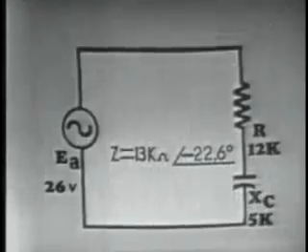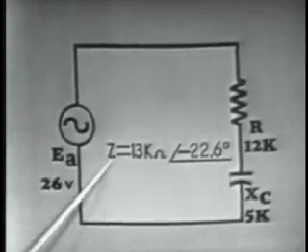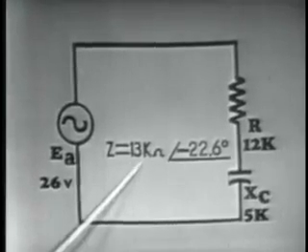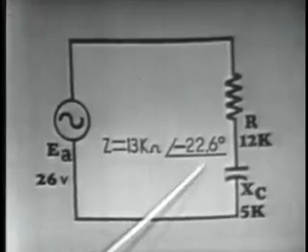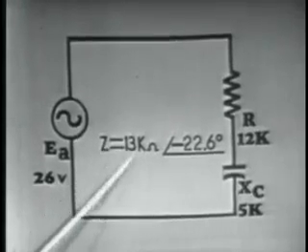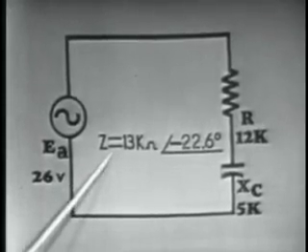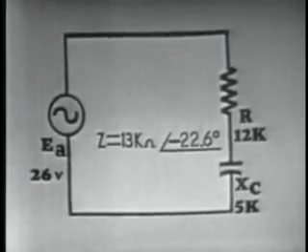And that gives us an angle of 22.6 degrees. Using this information, now we can write our impedance as equal to 13 k ohms at an angle of minus 22.6 degrees. Now you recall this is polar notation. We give the magnitude of the impedance, and we give the direction of the impedance as minus 22.6 degrees.